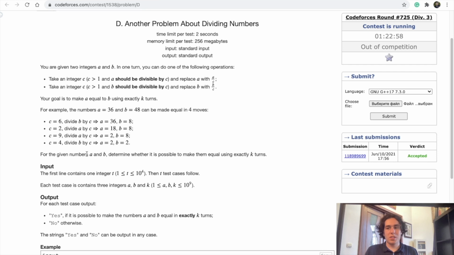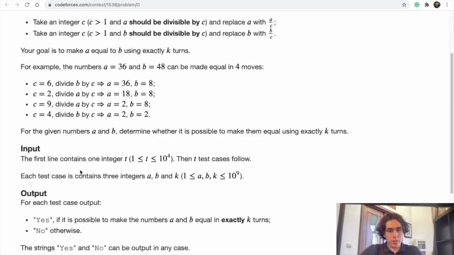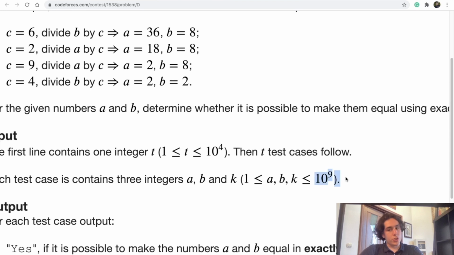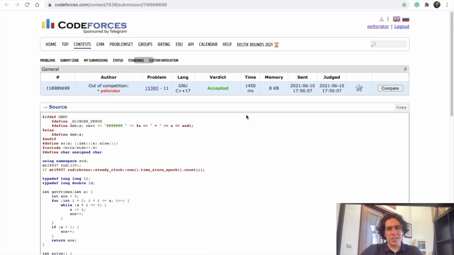It's just about we can only divide by a prime number every time. So if there are less than k prime numbers in a and b together, then it's just impossible. So I just found the number of primes. The only thing I was not sure about is that my solution works in like square root of 10 to the power of 9, and there are 10 to the power of 4 test cases, and that's not great.